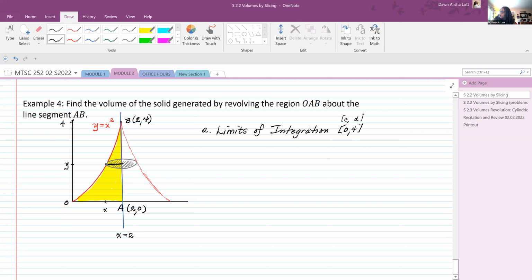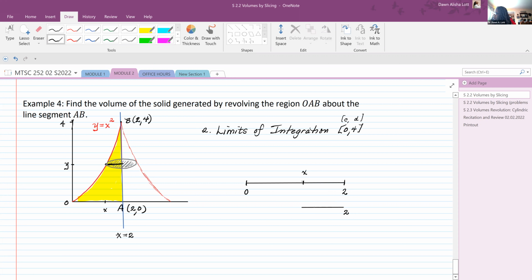All right, so now let's figure out how long that is. So I have a line segment that looks like this, and it starts at 0, and it goes to 2. And then I want to figure out how long this line is. If this is 2 and this is x, how long is that piece?